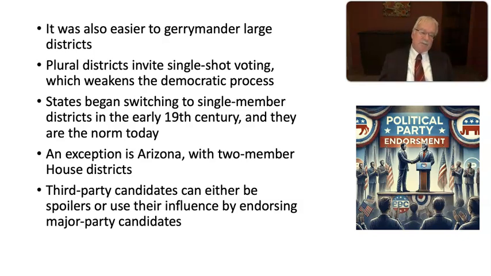So in Arizona, you have two major third parties: the Green Party and the Libertarian Party. The Libertarian Party appeals more to conservative Republicans, and the Green Party, being environmentalists, is favored a bit more by Democratic candidates. So when they run in an election where there's a Republican and a Democrat running, the Libertarian will take votes away from the Republican, and the Green Party candidate will take votes away from the Democrat.